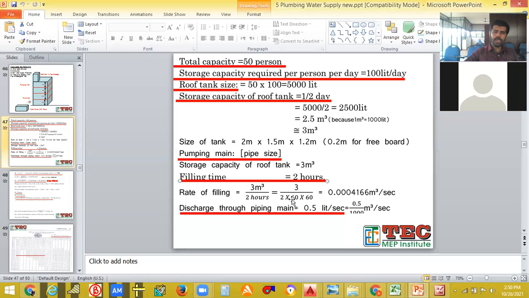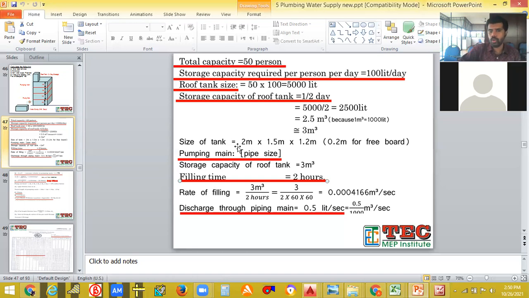That's the main problem, but it's not an issue. So I am deciding that my filling time for this 3 meter cube tank would be 2 hours. So the rate of filling Q, the discharge, is volume by time.